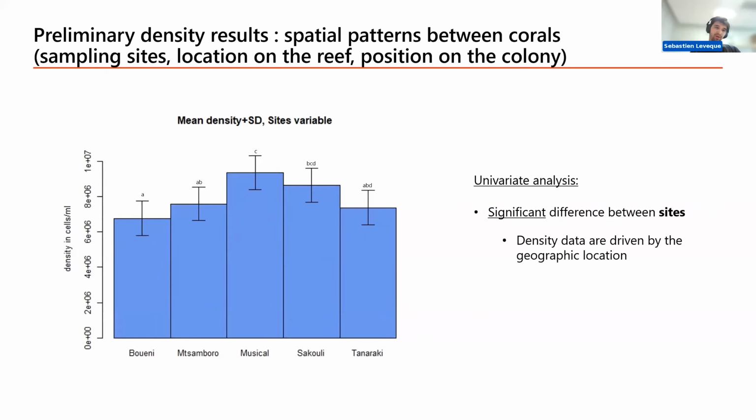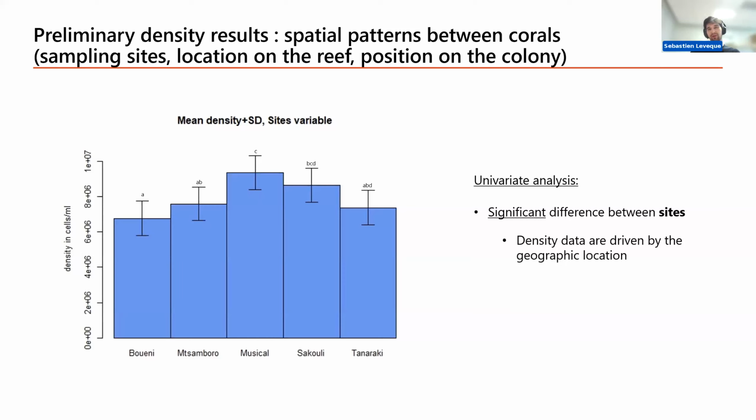So in that slide, you can see a bar plot representing the mean symbiont density and standard deviation displayed by site. And as you can see with the letter above each bar, we do have a significant difference in terms of symbiont density between sites, which means that the density data are driven by the geographic location of our samples.